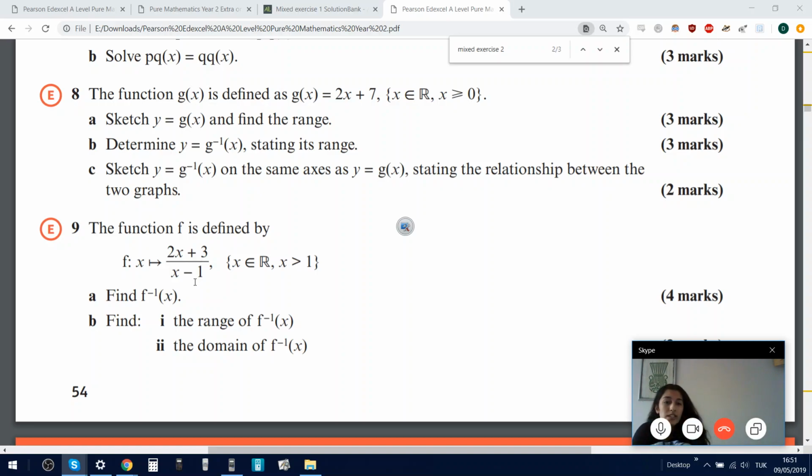The function g(x) is minus 2x plus 7. So what? Determine inverse of g, which is 2. Wait, you differentiate, don't you? Yes. Slow down. Part A. Find the range. Oh, I saw a sketch. Hang on.